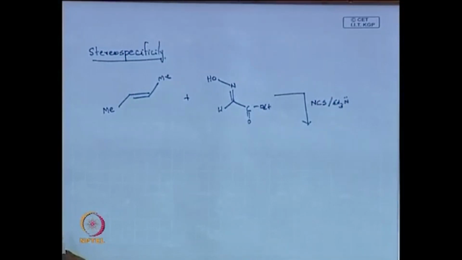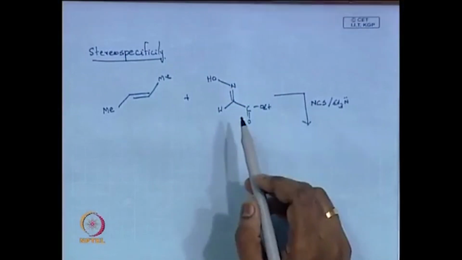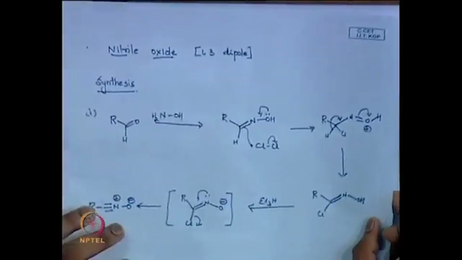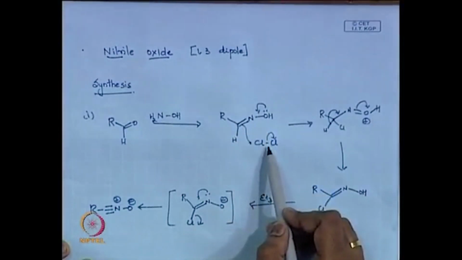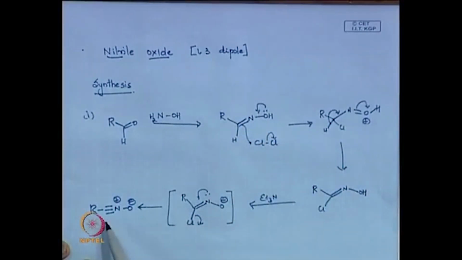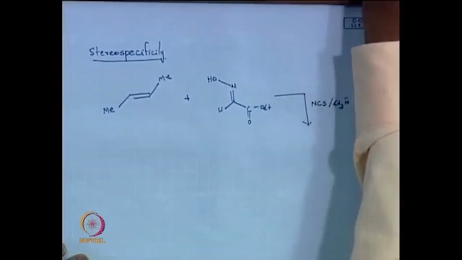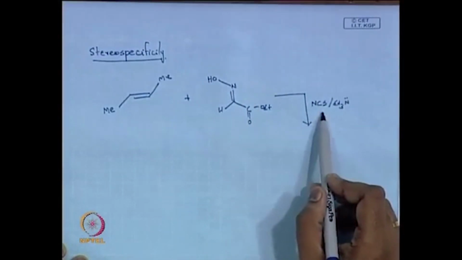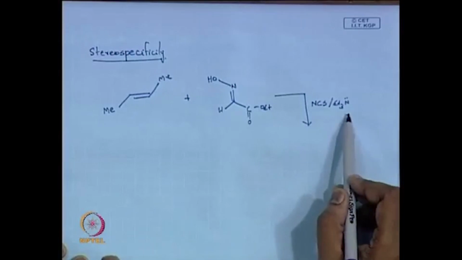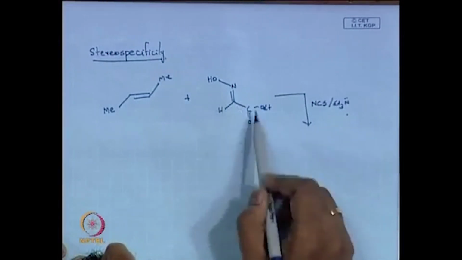Because you have studied the synthesis, right? If you see this compound, the first synthesis of nitrile oxide, when you treat it with chlorine or N-chlorosuccinimide, it ends up with your nitrile oxide. Same way, this is similar. Now, I am treating with N-chlorosuccinimide in the presence of amine, so I will end up with my nitrile oxide.